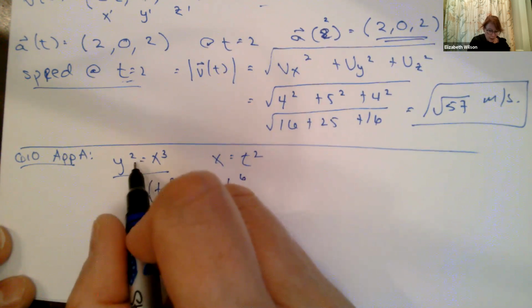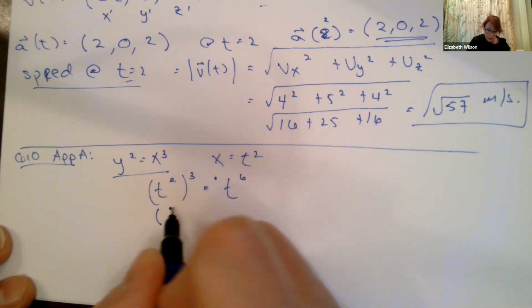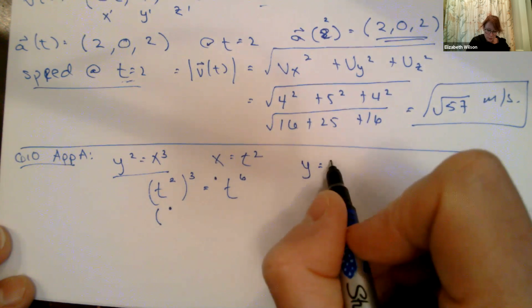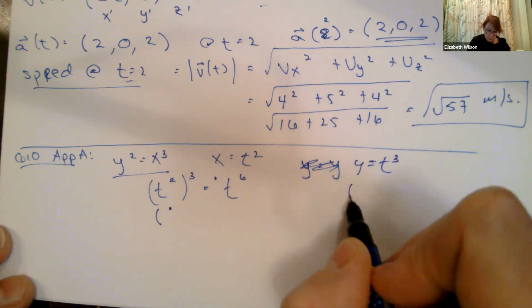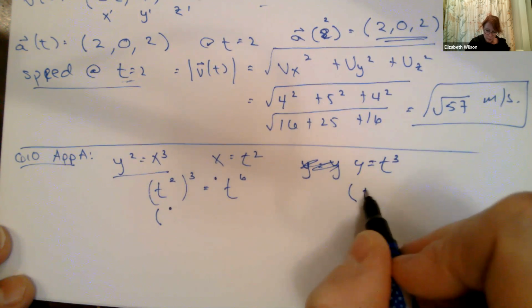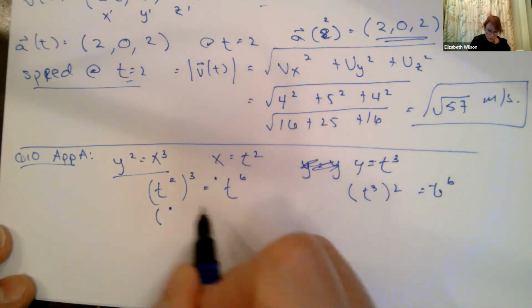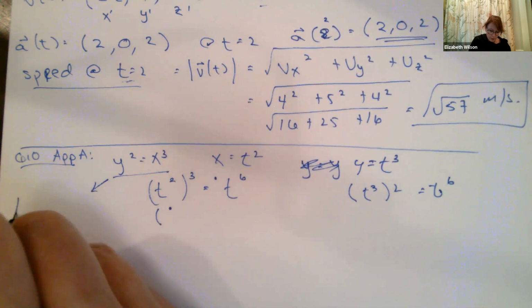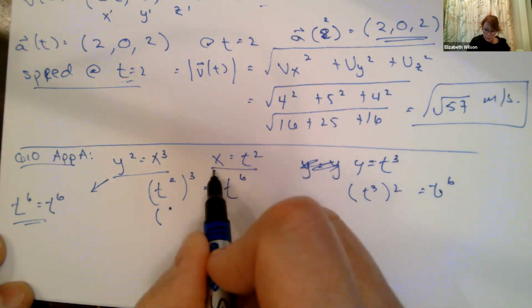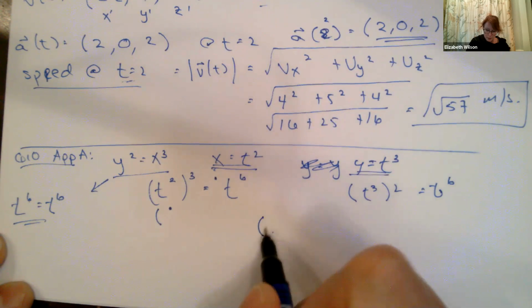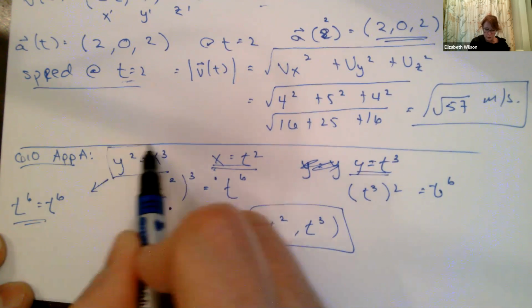And then y is going to equal t cubed, because if I plug it into this, t cubed squared is going to give me t to the 6th. So that'll make this equality true. T to the 6th equals t to the 6th, right? So that's what I want. So I got t squared, t cubed as the parameterization of this function.